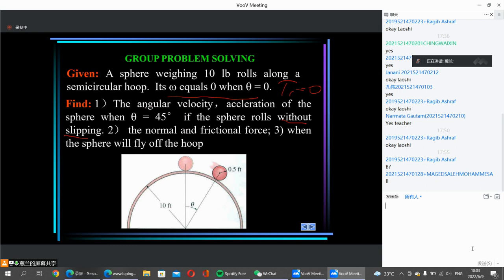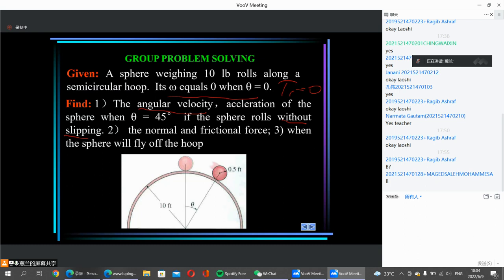Okay, so we need to find the angular velocity. What do we need to do? We use the principle of work and energy, the kinetic energy plus the work done by all the forces. You draw the FBD of the sphere. Only the weight will do work, right? The normal force and the friction force don't do work on the sphere.